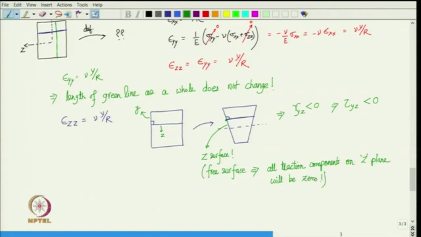Which means that tau x z, tau y z and sigma z z, they are all 0, but let us concentrate on tau y z, which is 0. But from here you see that we are finding out tau y z not equal to 0. So, that is a contradiction. So, actually it turns out that the z lines in the cross section, they not only change their length, they also become curved.